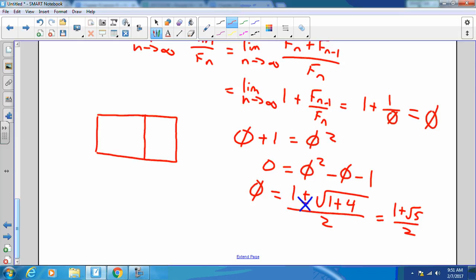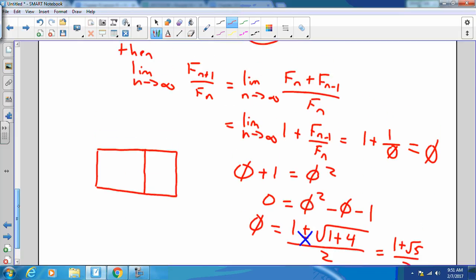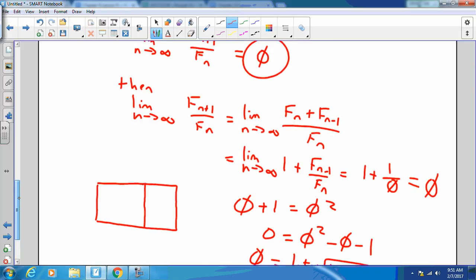And it is considered particularly appealing to the eye. So the Parthenon-like shape. Yep. And so this comes from the Fibonacci sequence as the limiting case of the ratio of the next term to the previous term. I really should say the next term to the current term, to be precise.